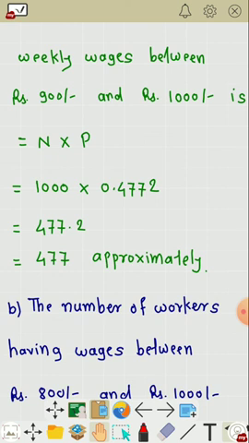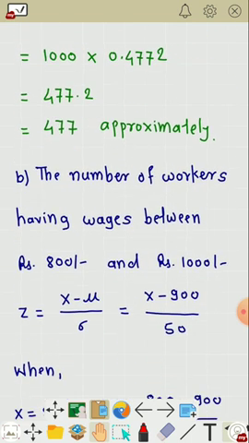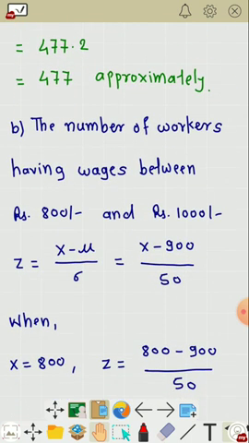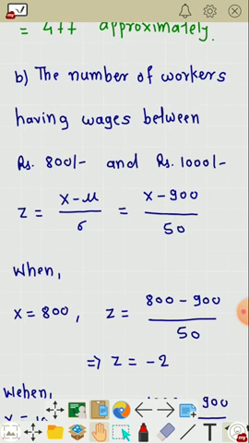Okay, now let us solve the next part, the B part of this question. We have to find the number of workers having wages between rupees 800 and 1000. Therefore z is equal to (x minus mu) divided by sigma, and it is equal to (x minus 900) divided by 50, as mu is 900 and sigma is 50.